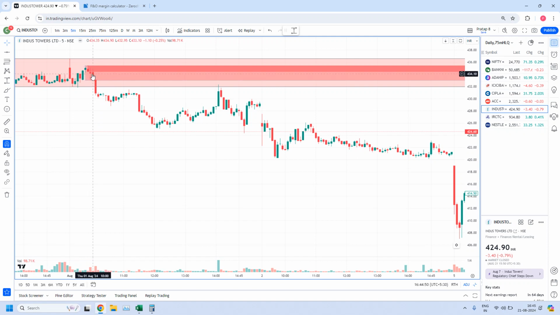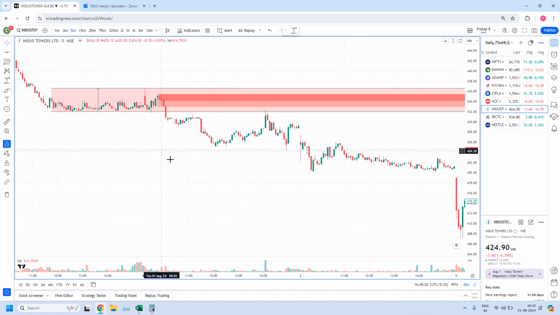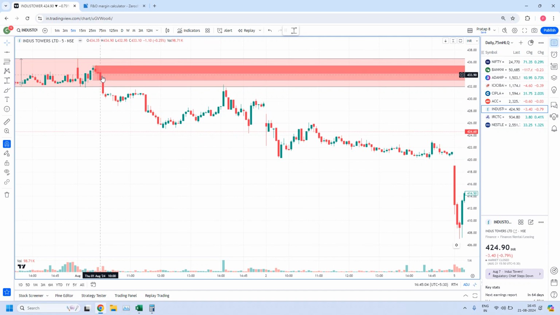That's why I have fine tuned up to here. Sorry, here. This is the fine tuned 5-minute zone. Here the actual order flow is there. Because this is the leg-in in the 5 minutes, I am just ignoring it, even though it is part of the base. Till here I am considering this is the actual order flow.